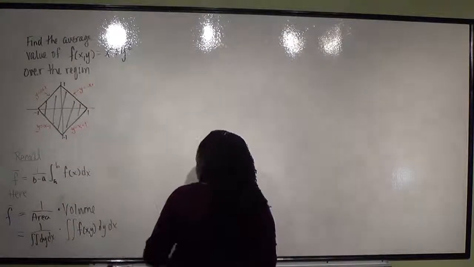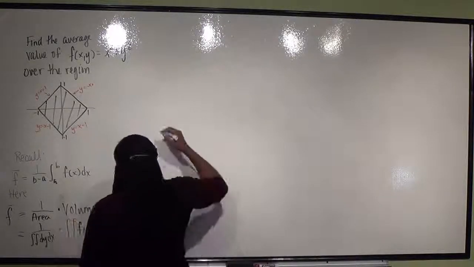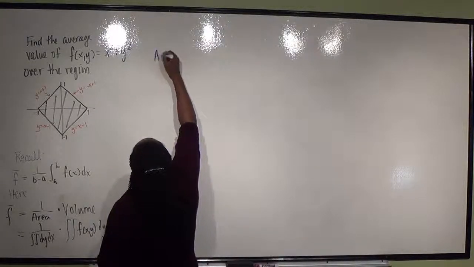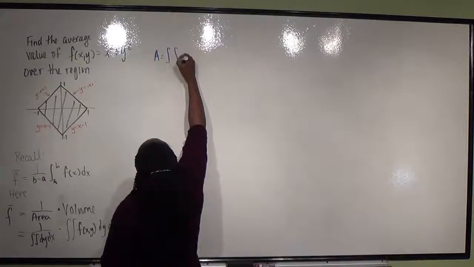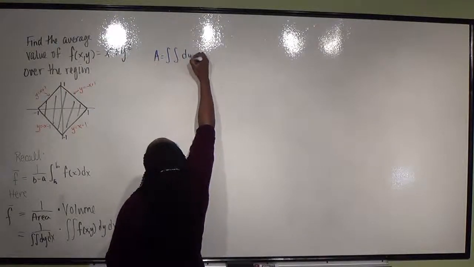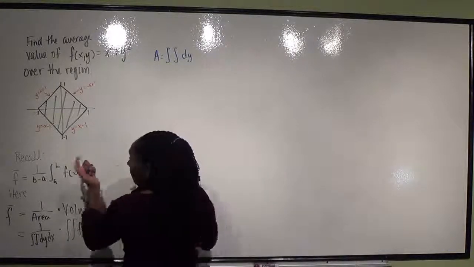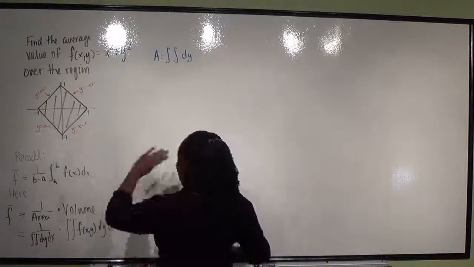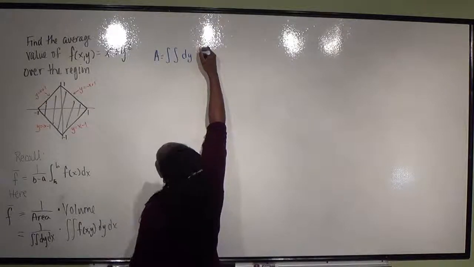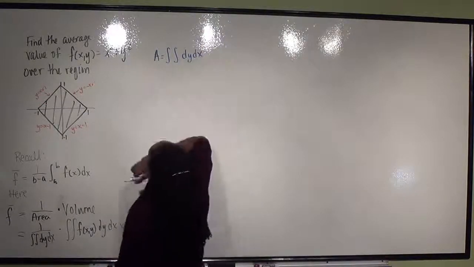Okay? So here, I'm going to start by getting my area function. My area is going to look like the integral. Again, we're going to integrate dx dy. Actually, here it doesn't matter. We can pick because we can also do left and right. I wrote dy dx first, so let's do that one.